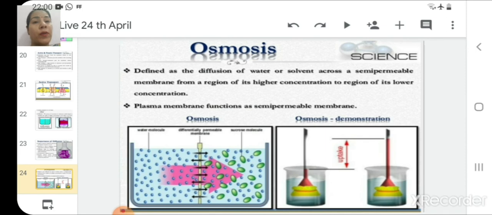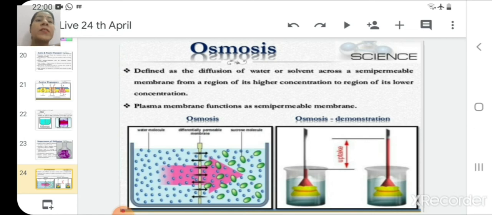Now let us focus on another type of passive transport, that is osmosis. It is quite different from diffusion because here a semi-permeable membrane is required.